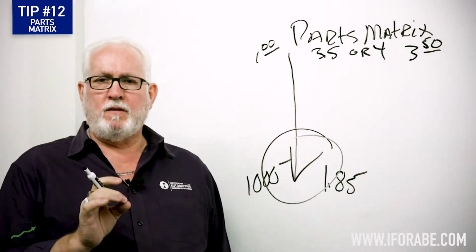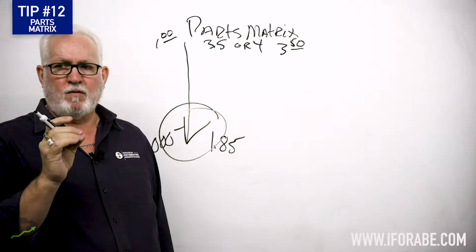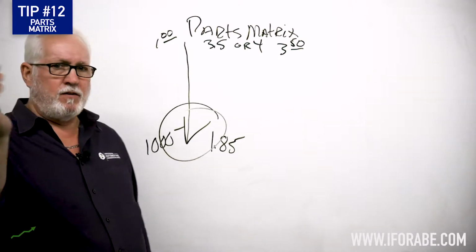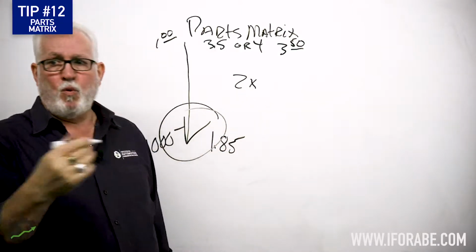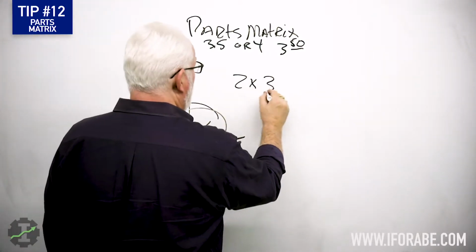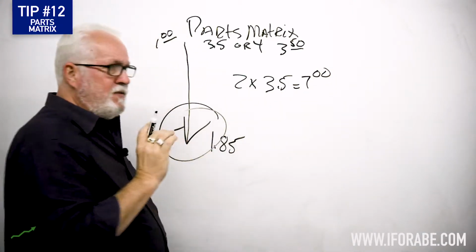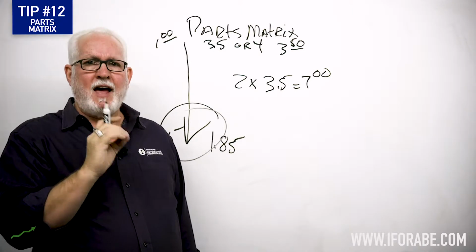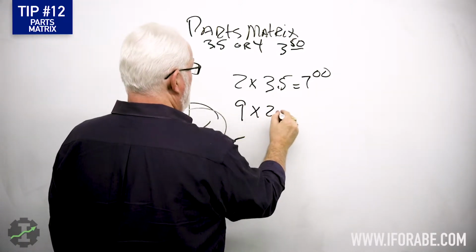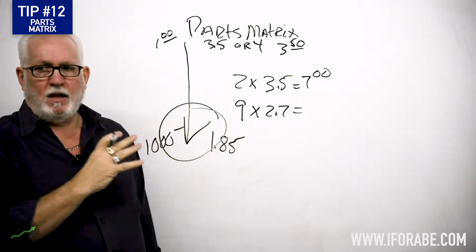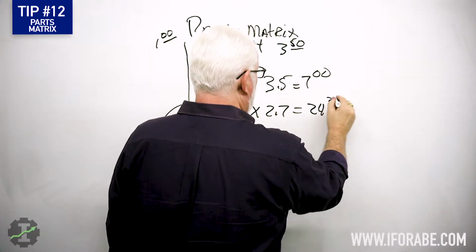Now, following a parts matrix is really pretty easy. The way that you want to follow a parts matrix is this. You get a part for $2, and you mark that up times 2.5 or 3.5. If you mark it up times 3.5, then that thing's going to go out at $7. If you get a part in your business for $9 and you mark it up times 2.7, then that's going to equal about $24.30. Okay?